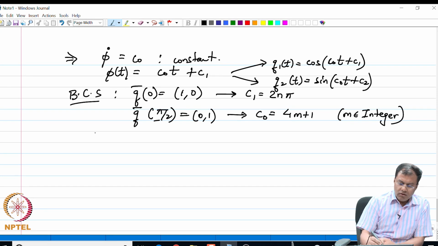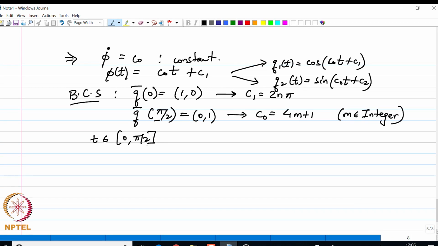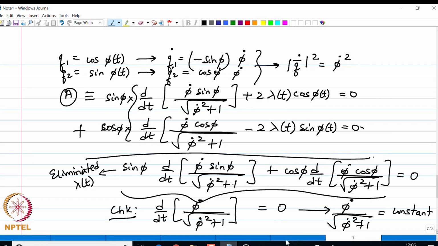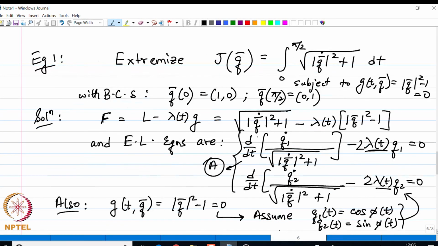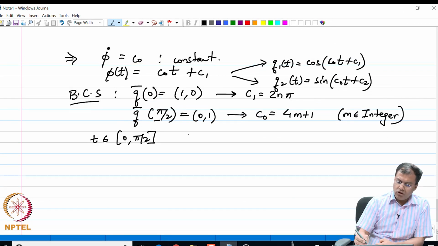Now, also we know that t is from 0 to pi by 2. Why? Because notice these limits here, 0 and pi by 2. So, the limits of t is from 0 to pi by 2.